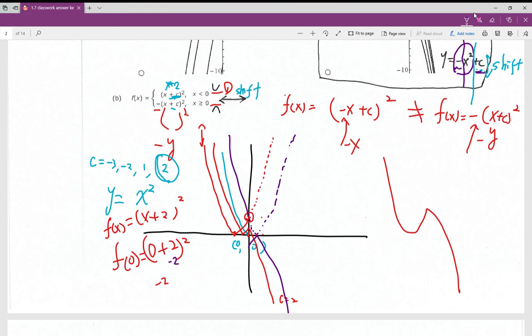And when it's negative 3, it becomes that way. Okay, so let me erase the dotted part. It's harder to erase the dotted parts. Make the graph easier to read.